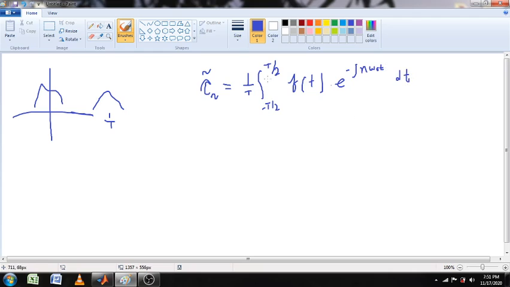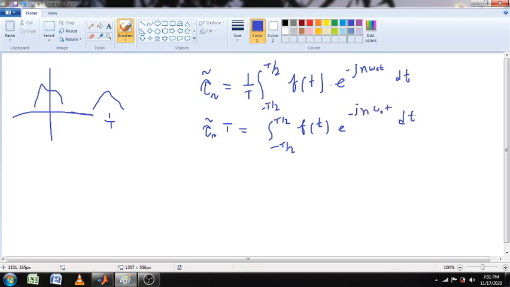So what if I take this T to the other side? See what happens. Cn multiplied by T turns out to be the integral from minus T by 2 to T by 2, and the rest of the things remain the same: f(t) e to the power minus j n omega naught t dt.